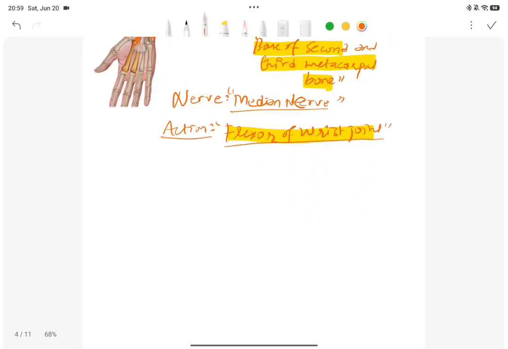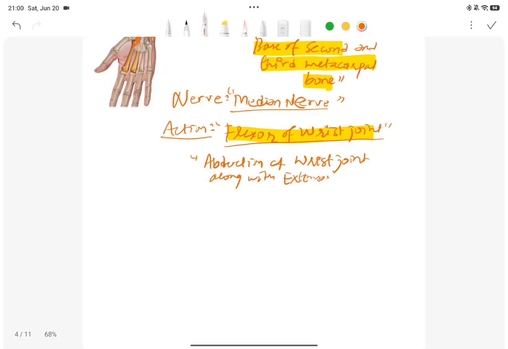And it also helps in the abduction of the wrist joint, along with extensor carpi radialis longus and brevis.